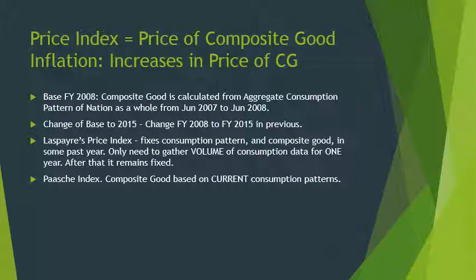So we can say that food means 50 kilos of wheat, and 10 kilos of rice and 30 kilos of chicken and so on. So these quantities create a composite good which we call food.